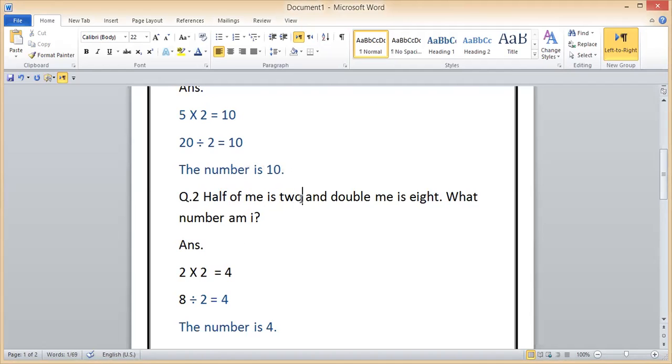Find out the double of 2. 2 multiplied by 2, 4. Here, double of me is 8. Find out the opposite. Double, opposite, half. Half of 8 means 8 divided by 2. You will get 4. Okay? Clear? Yes, sir. Give me another question. Yes, very good. Now write question number 3.